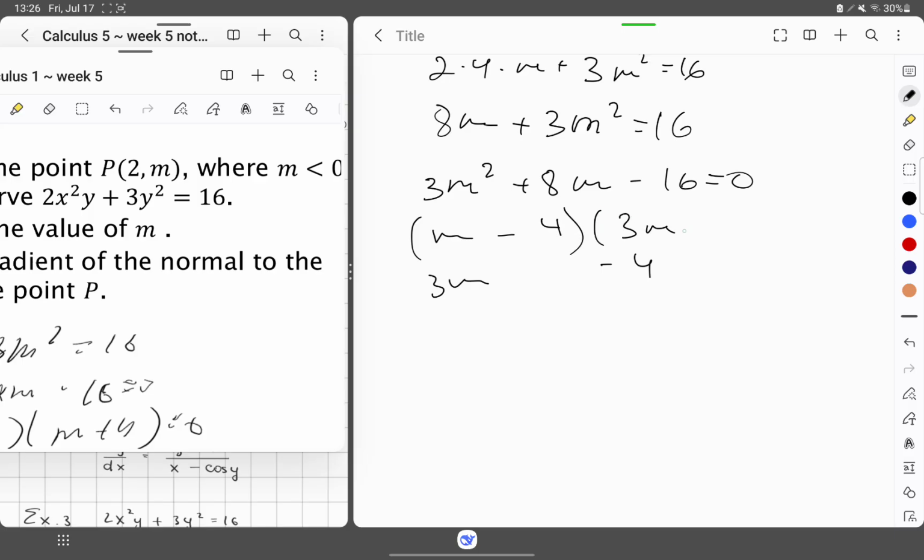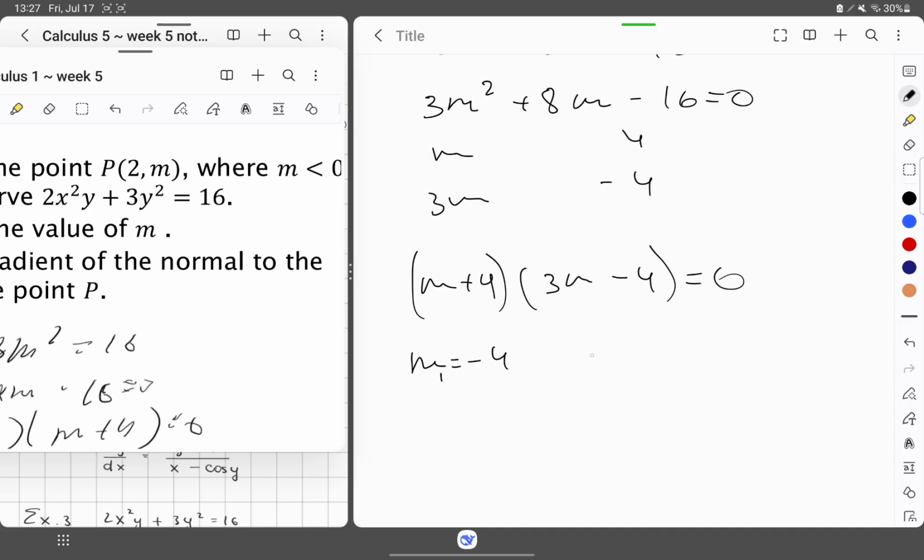Sorry, I made a mistake. So 12 minus negative 4, okay, m plus 4 times 3m minus 4 will be 0.